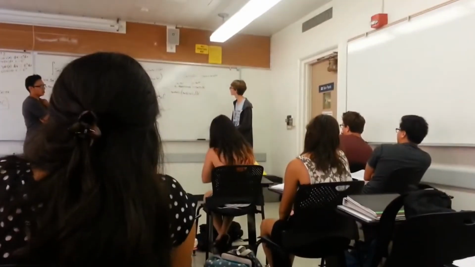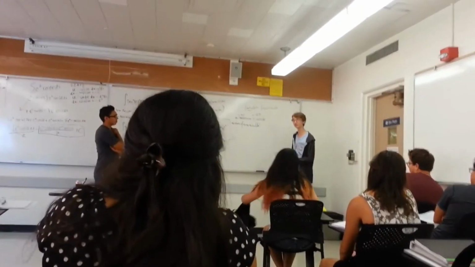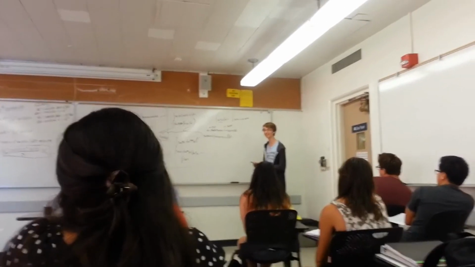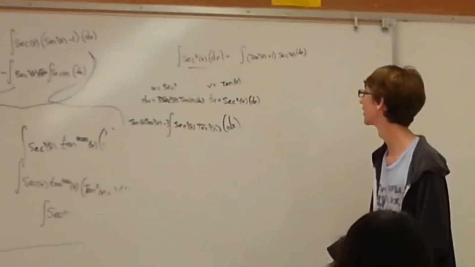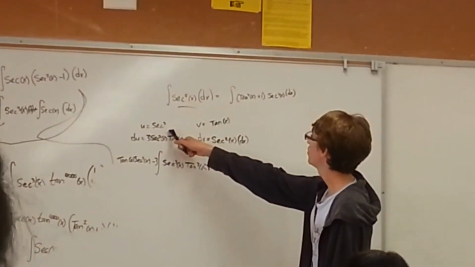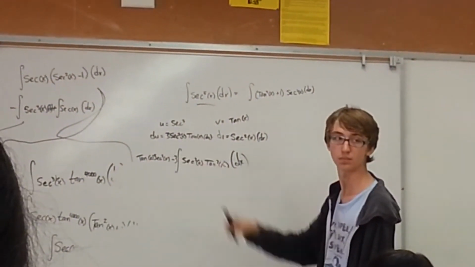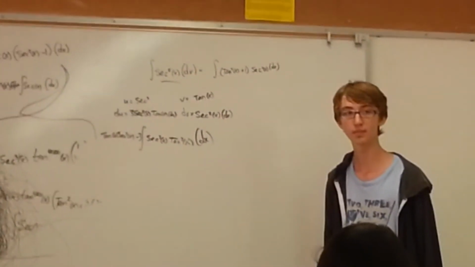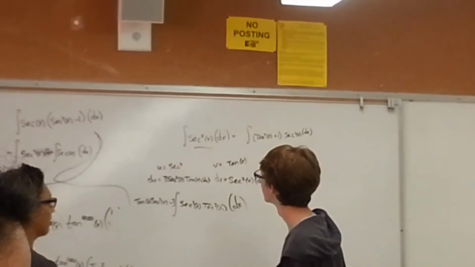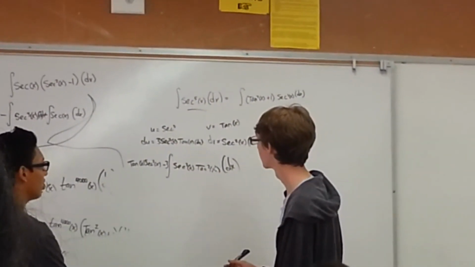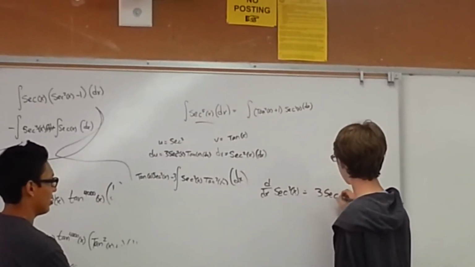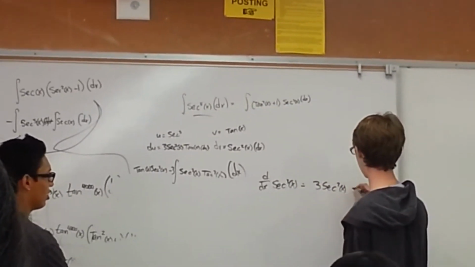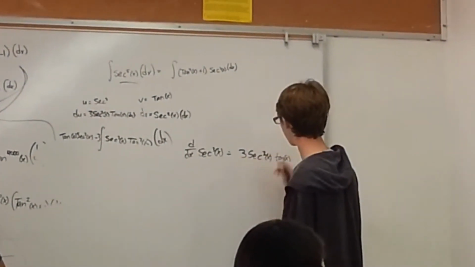Justine, what did you say? Square of x times the derivative of secant x, which is tangent x, and another secant x, which is cubed.